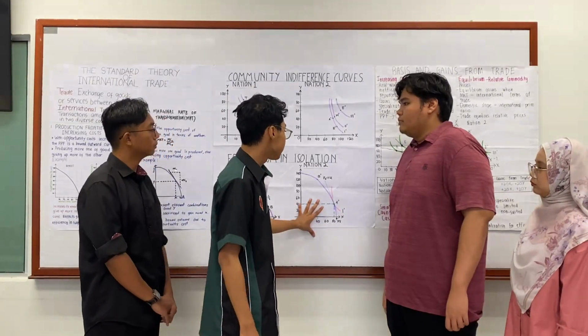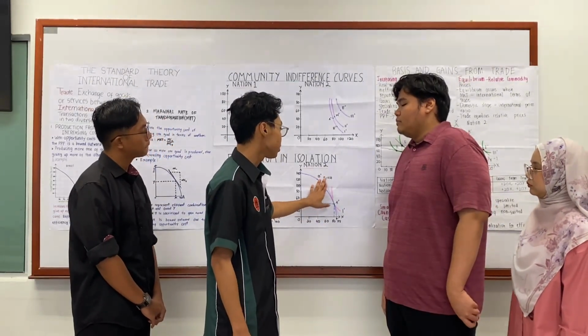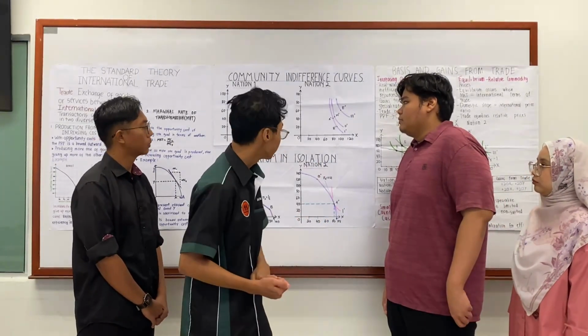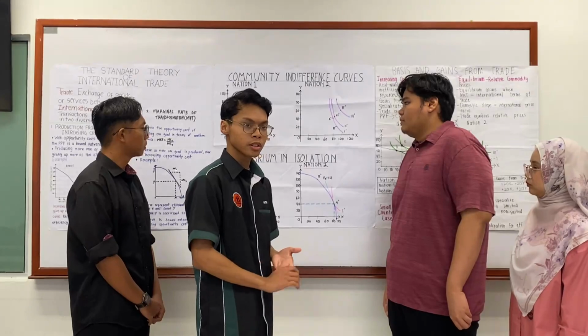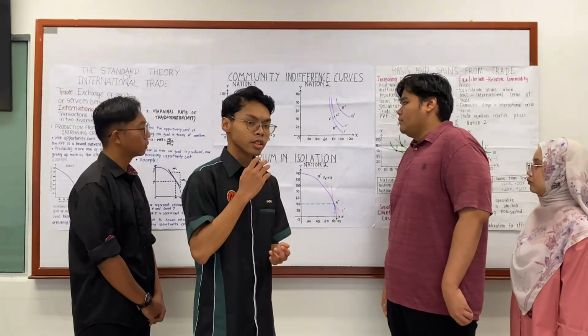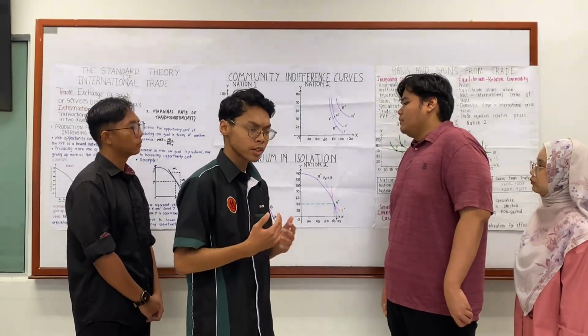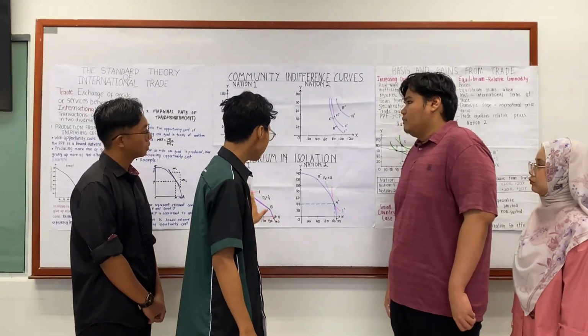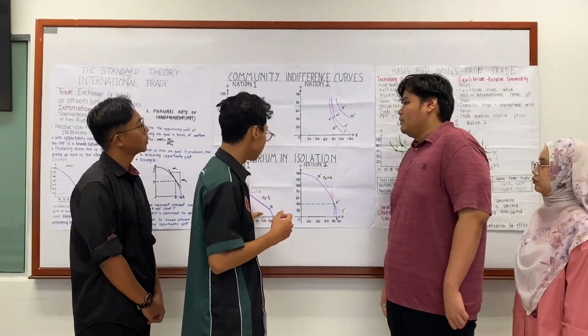So about this, the PA prime is equal to 4, that means 1X is equal to 4Y. So in isolation equilibrium, the definition is about the nation that does not do any trading, but they do comparison about their goods in their nation.